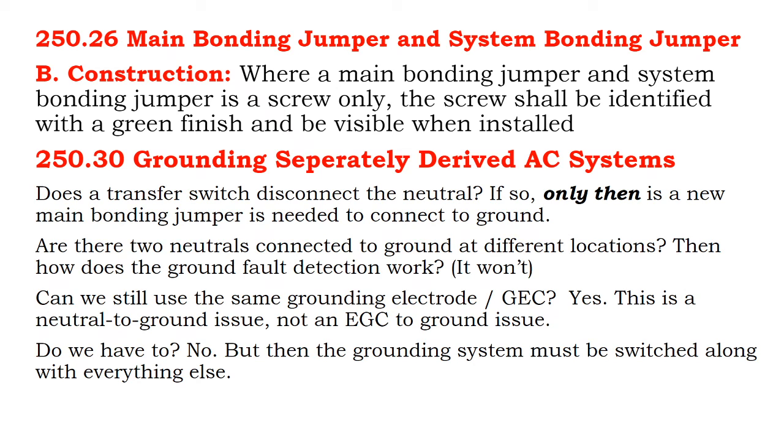If you disconnect the existing system's neutral and swap it out with your backup system that has its own neutral, that neutral also has to be connected to ground. So that neutral needs its own neutral to ground connection. But if you're not disconnecting the neutral from the utility or building side, and you're carrying that neutral through to your backup system, then you shouldn't have a second neutral connection to ground.